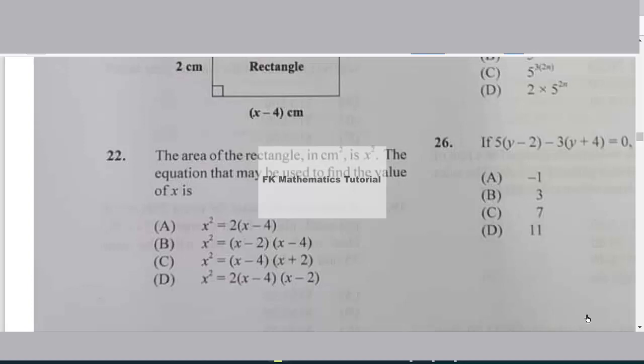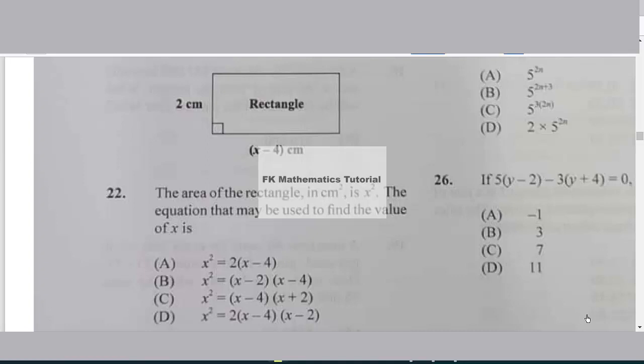So we know that the area of a rectangle is the length times the width. So length times width will be 2 times x minus 4. And this is equal to x squared. Or x squared is equal to 2 into bracket x minus 4. So the correct answer is option A.